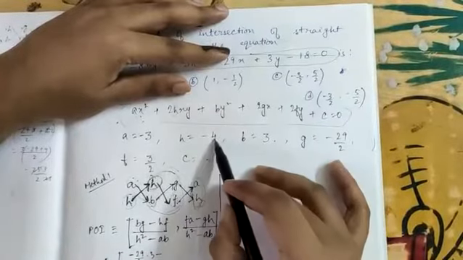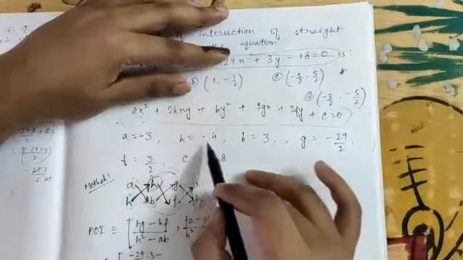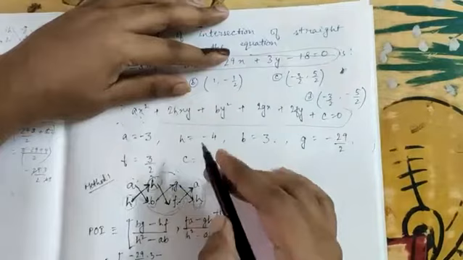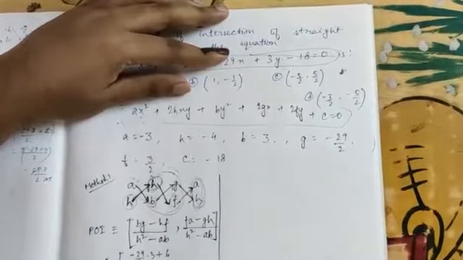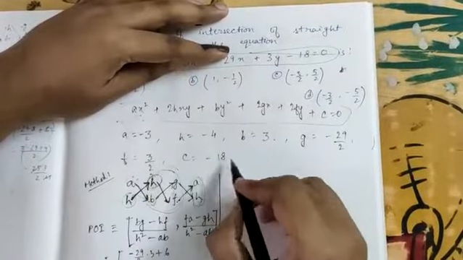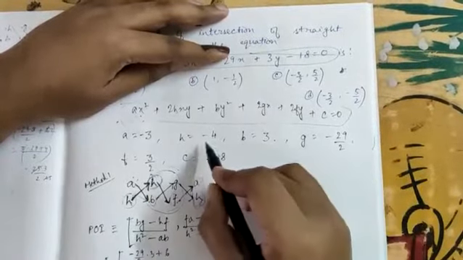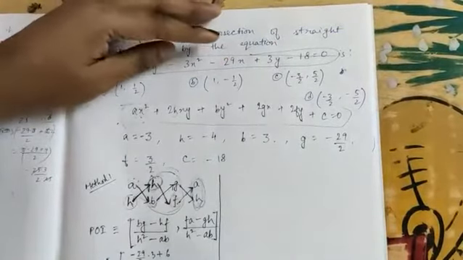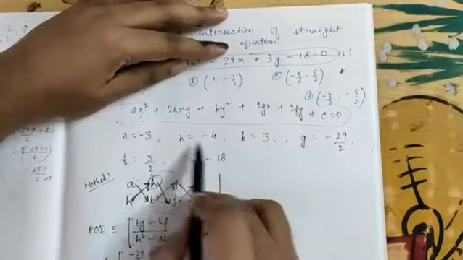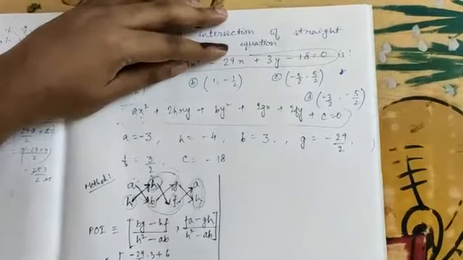My HF will be minus 4 into 3 by 2, which will be minus 6. Minus and minus, it will be plus 6, over h square minus AB. My h square will be 16. 16 minus AB. AB will be minus 3 into 3, it will be minus 9, so plus 9.